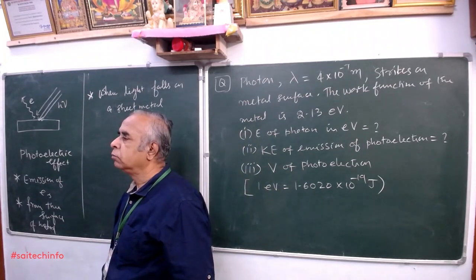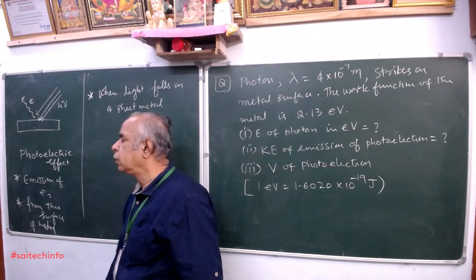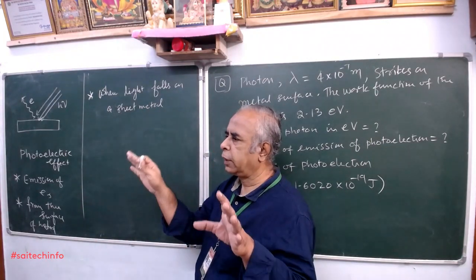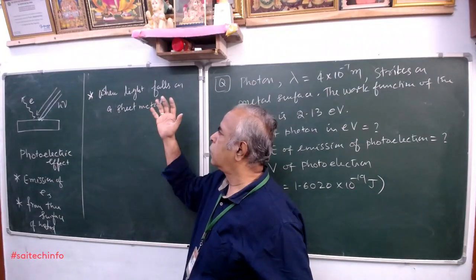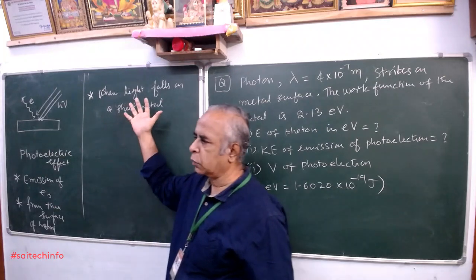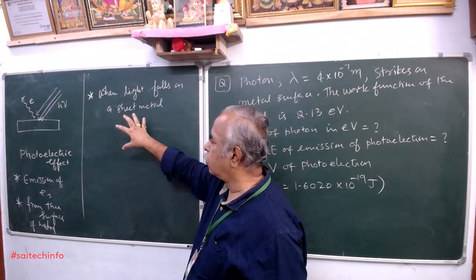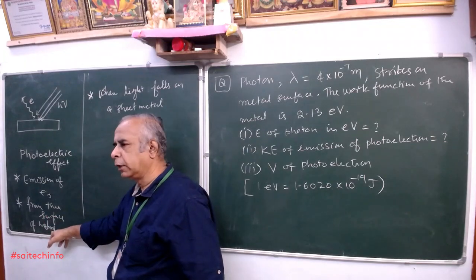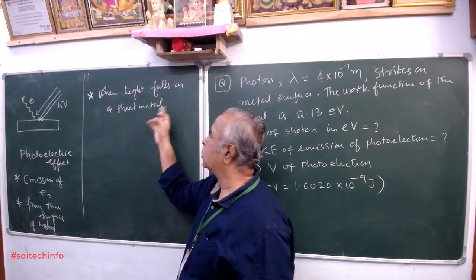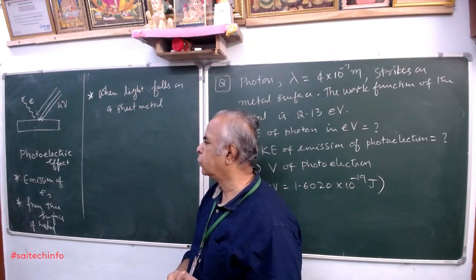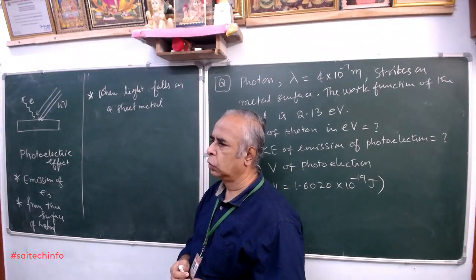From where? From the sheet metal. When light falls on it. That's all. So as a definition, based on these terms you can easily explain: it is the phenomenon of emission of photoelectrons from the surface of metal when light falls on that sheet metal. That's all. This is called the photoelectric effect. Are you able to follow?